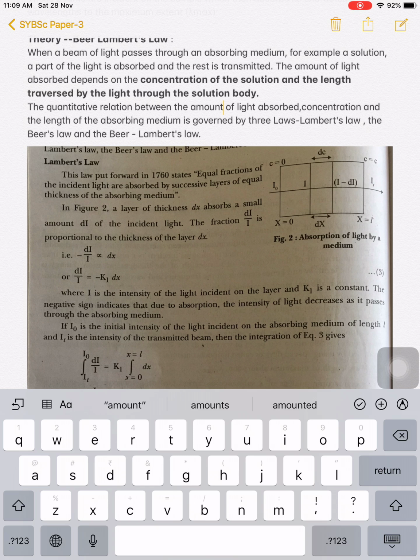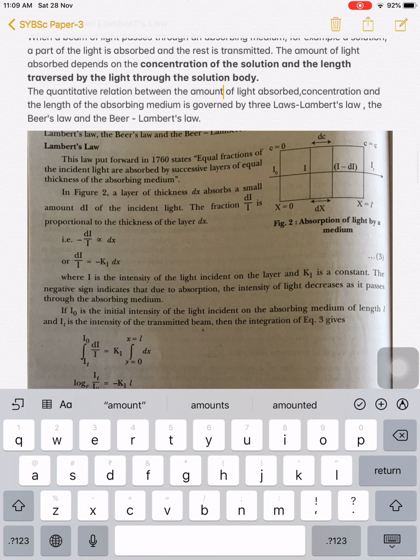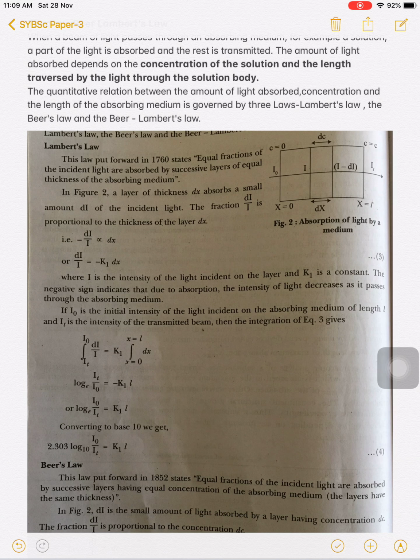So by correlating these three points, the law was put forward by Lambert and Beer, the combined law, that is Lambert-Beer's law. One by one we will study these laws.